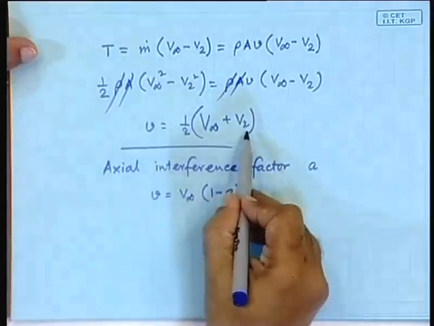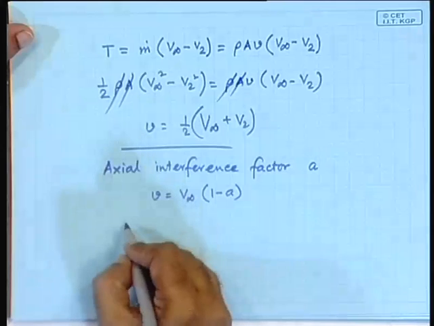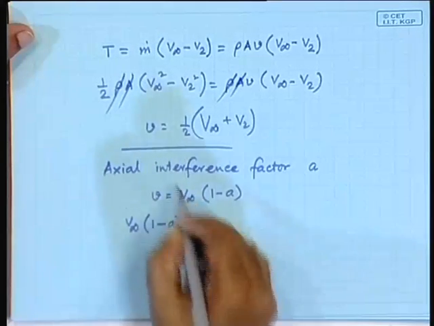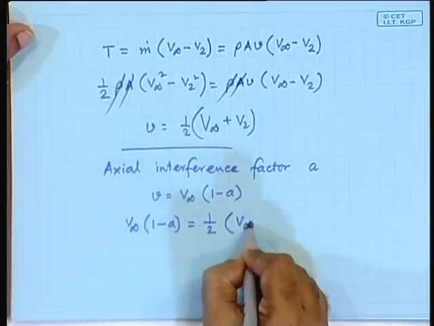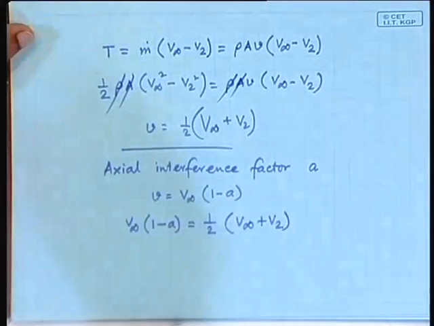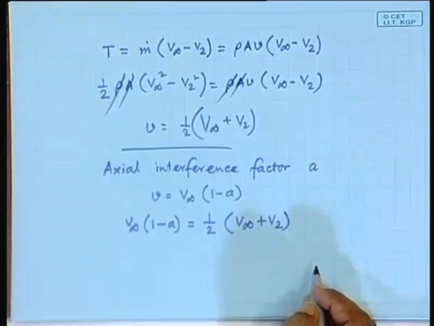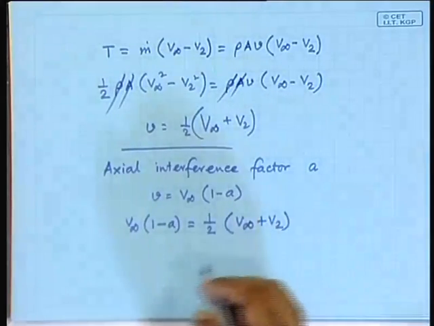Here, using this, V infinity into 1 minus A is equal to half of V infinity plus V2. We are trying to find out V2, so you just find out how much it is. Yes.